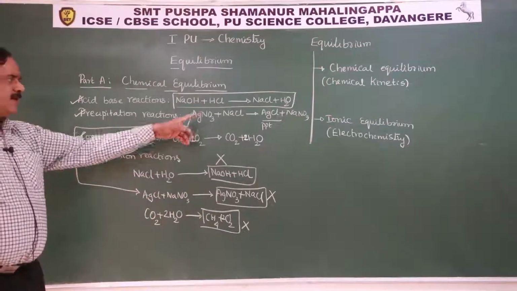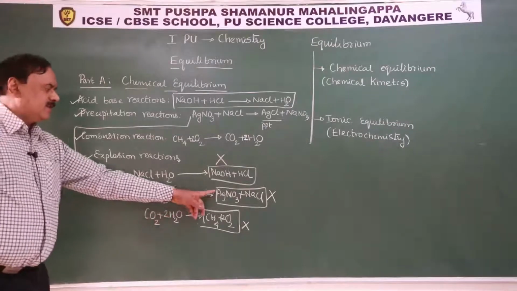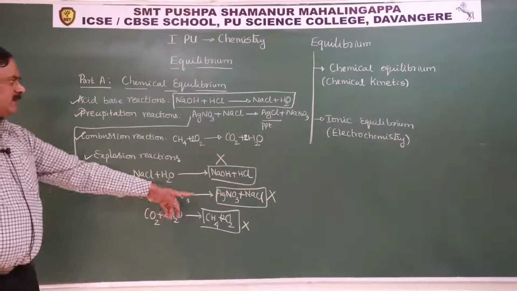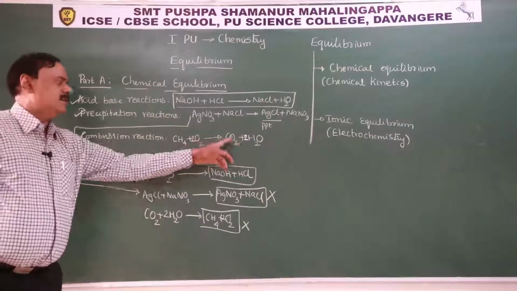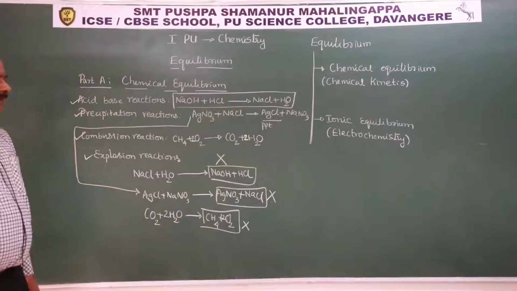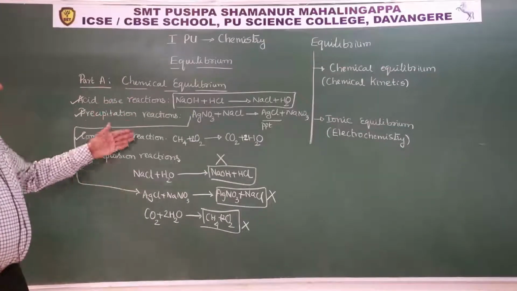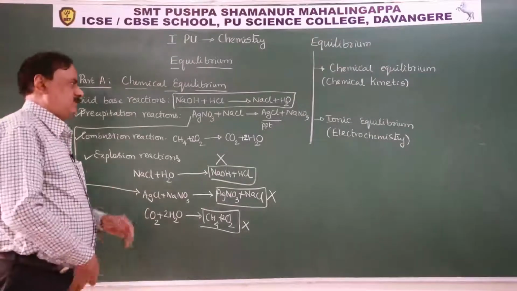AgCl plus NaNO3 does not give rise to AgNO3 and NaCl. Carbon dioxide and water do not unite to give methane and oxygen. These reactions are not possible.